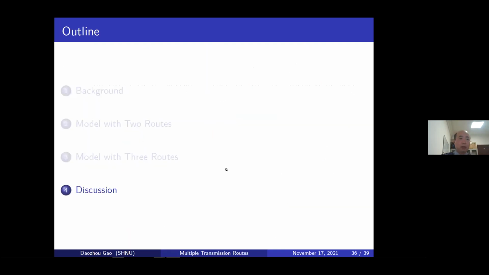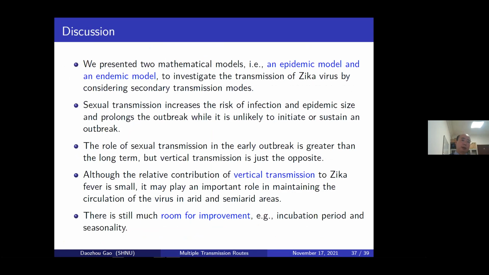Okay, so in this talk, I presented two models for Zika transmission. One is an epidemic model with two transmission routes. The other is an endemic model with three transmission routes, and we evaluated the relative contribution of each transmission route to the basic reproduction number and the host infections.